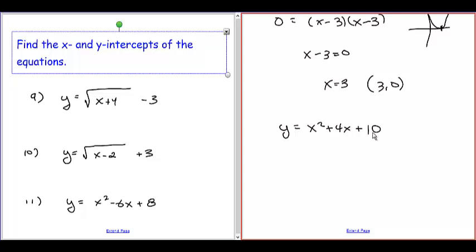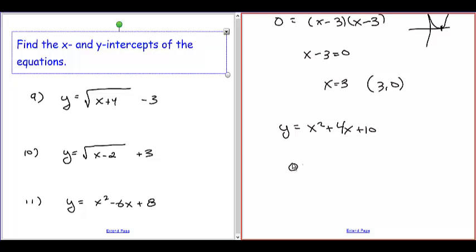Let's do something that factors easily. Actually, it can't factor easily because it doesn't factor. That's the point. So you look at that and you say, I don't see a factor. So how would I guarantee that I don't have a factor?